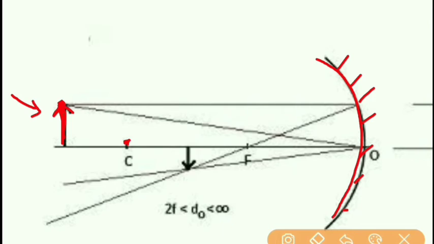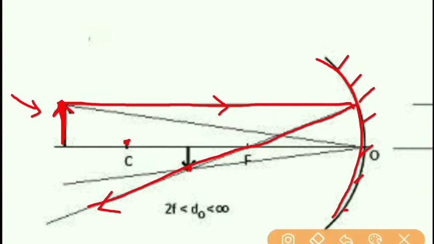When those two rays, after reflection, meet at a point, then the image is formed at that point. So the first ray we are considering is the parallel ray. After reflection it will pass through the focus. So this is the reflected ray and this is the incident ray.